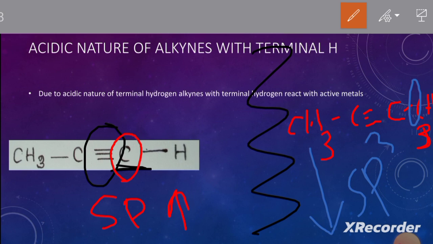Comparing these two, this carbon has a higher electronegativity, so it attracts the electrons in this bond toward itself much more.